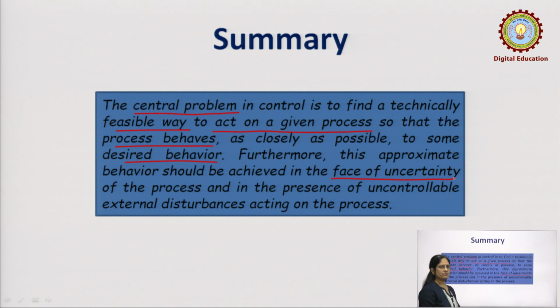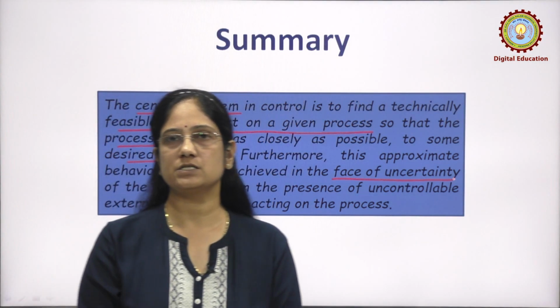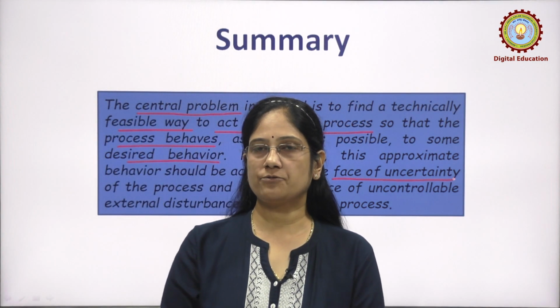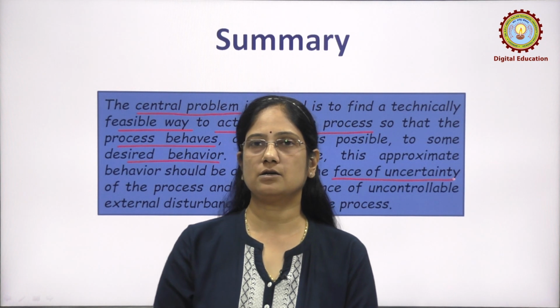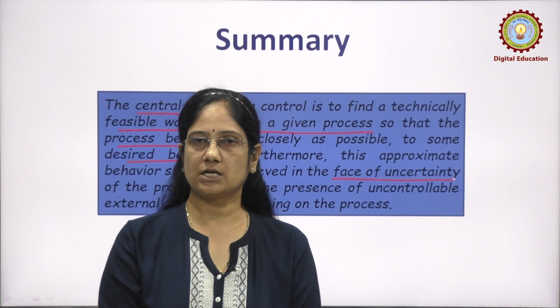So, take now the simple example of a fan. The speed regulation is possible in steps. It is not that the speed regulation is smoothly obtained. So, if you want something in between 100 rpm and 150 rpm, that will not be possible.